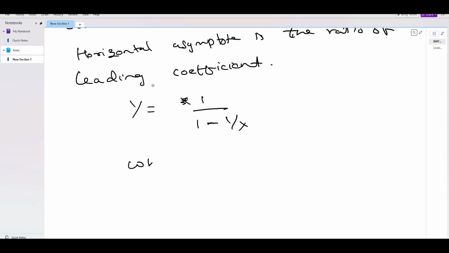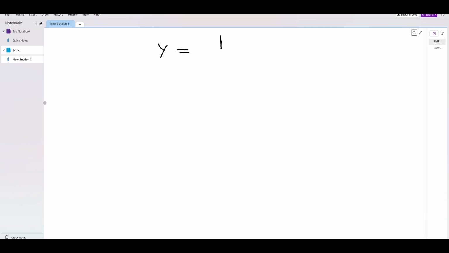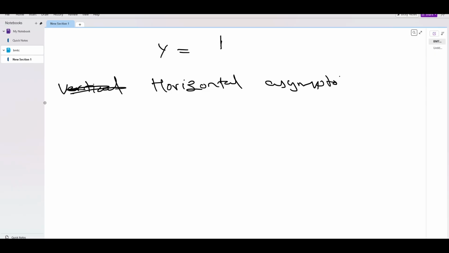So when x tends to infinity, the function will be y is equal to 1. So the horizontal asymptote is y is equal to 1.